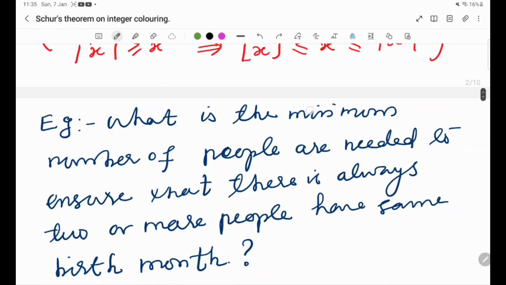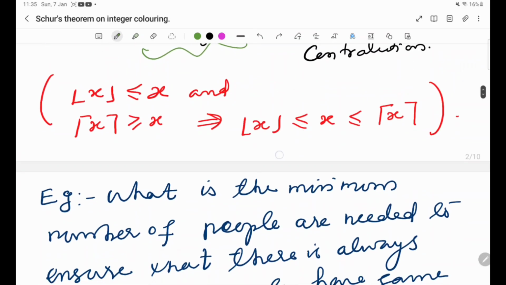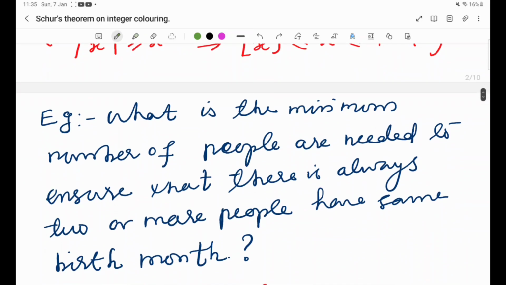Now we can do some examples. What is the minimum number of people needed to ensure that two or more people always have the same birth month? That means I have a group of people, and what is the minimum number needed?